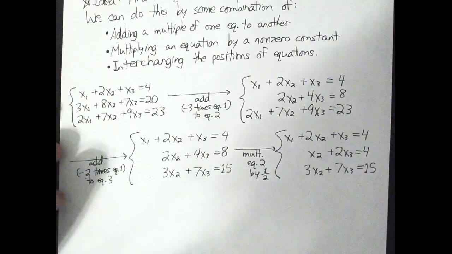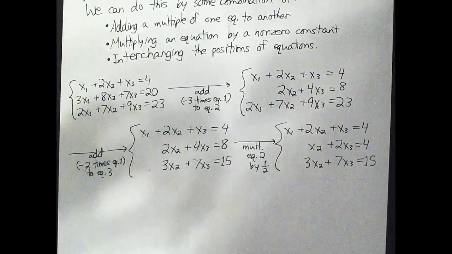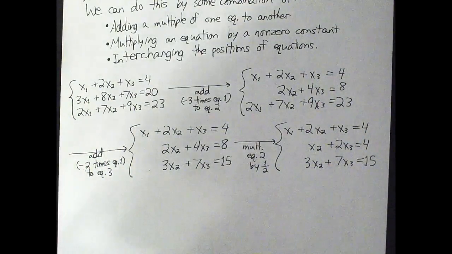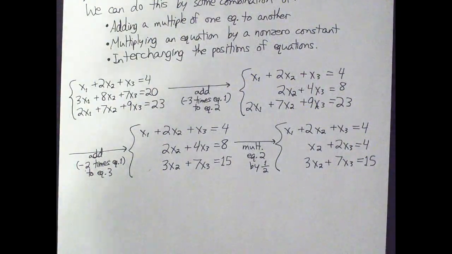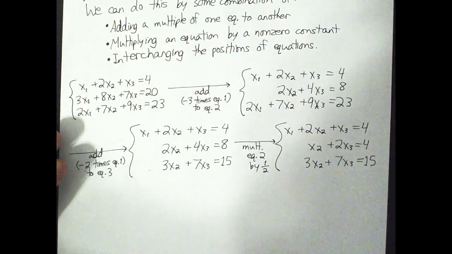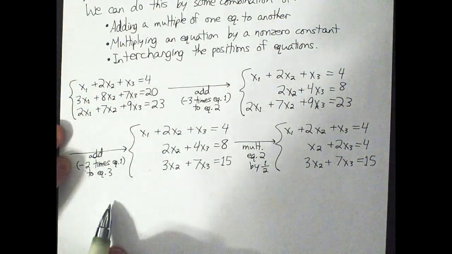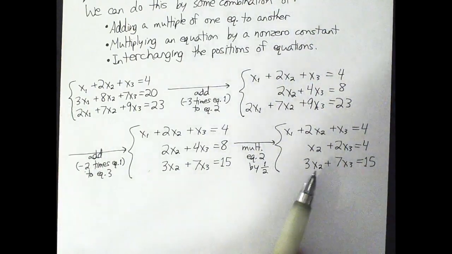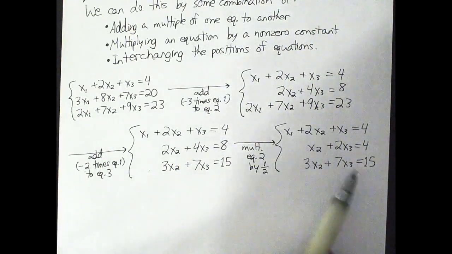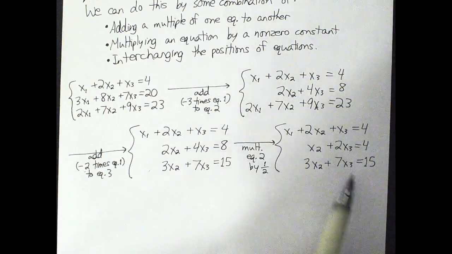I just think that looks easier to work with now. All right, one more step, and we'll be in triangular form. So our one more step is doing something to get rid of this 3x2. Because if that was gone, then this would be that nice triangular shape.